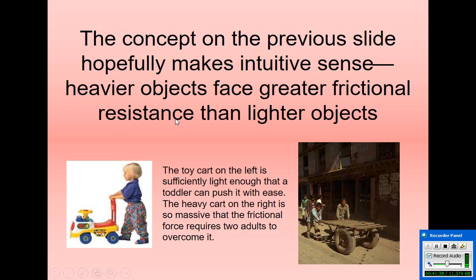If what I say isn't yet making sense, consider pushing two different objects across a horizontal floor. If one of them is a very light object, then the gravitational force acting on it is small, presumably the normal force acting on it is small, and it's easy to push. If it's a heavy object, then the gravitational force acting on it is large.